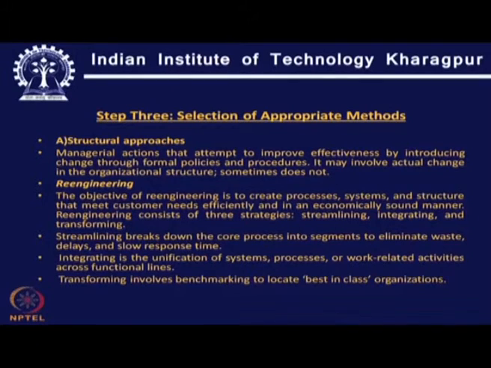When we are talking of re-engineering, the objective is to create a process, system and structure that meets customer needs effectively. Customers are the main focus here, so we see what their needs are and then reorient our structure, our tasks and processes accordingly, so that we meet their needs appropriately and economically in a sound manner.